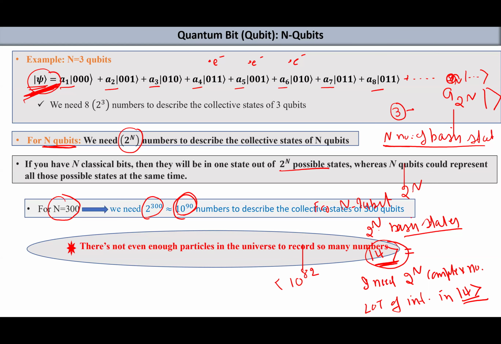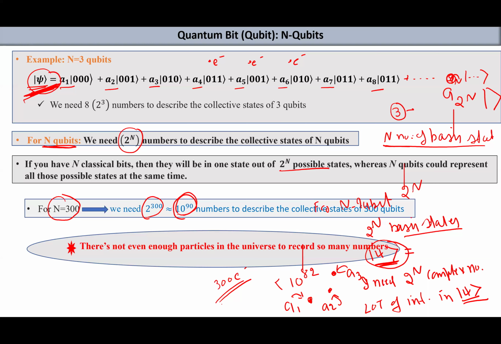So for example, if you have just 300 electrons, and let us say, in a hypothetical case, I want to encode one complex number, A1, to one atom, A2 to another atom, and A3 to another atom, using the number of atoms in the universe.